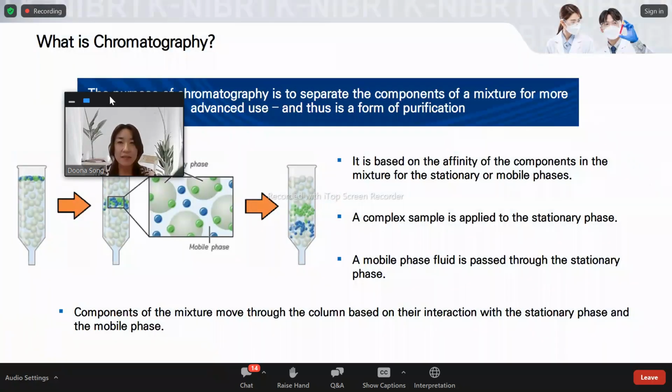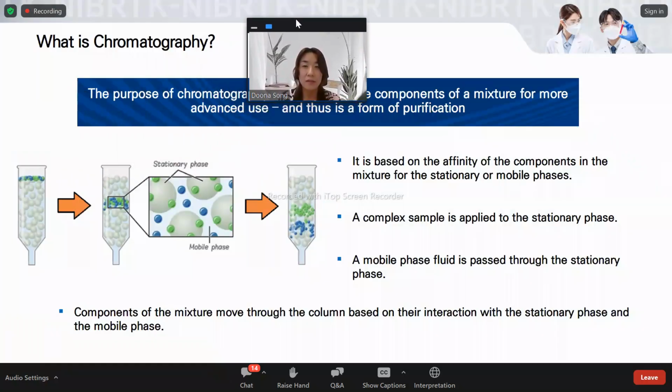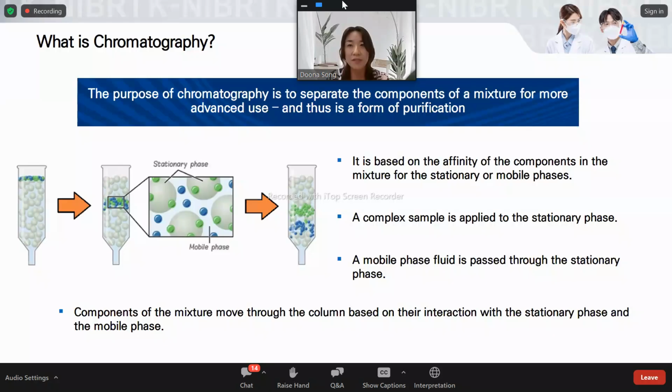So what is chromatography? The purpose of chromatography is to separate the components of a mixture using a stationary phase and mobile phase. In this picture, you can see small beads inside the column with a liquid passing through them.